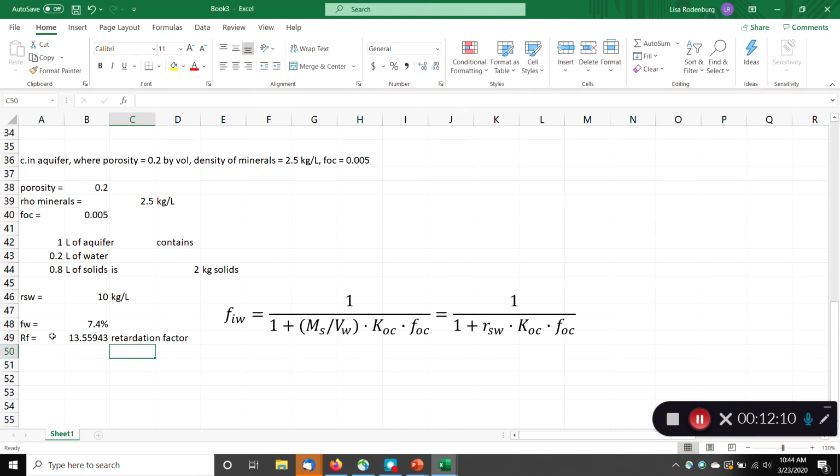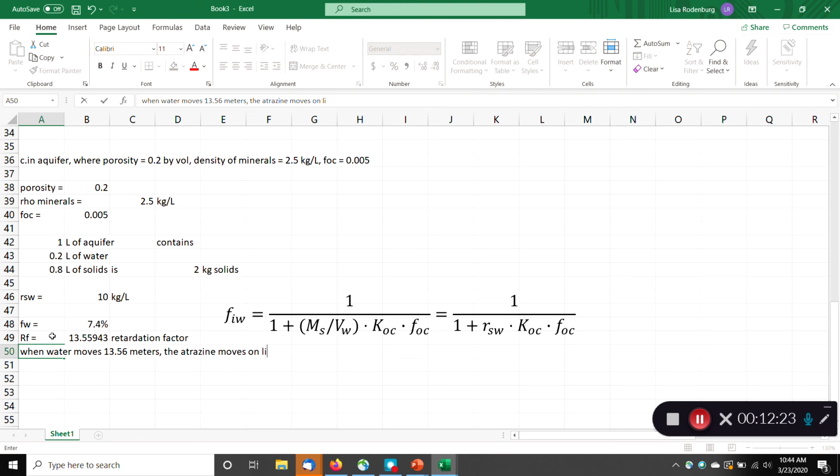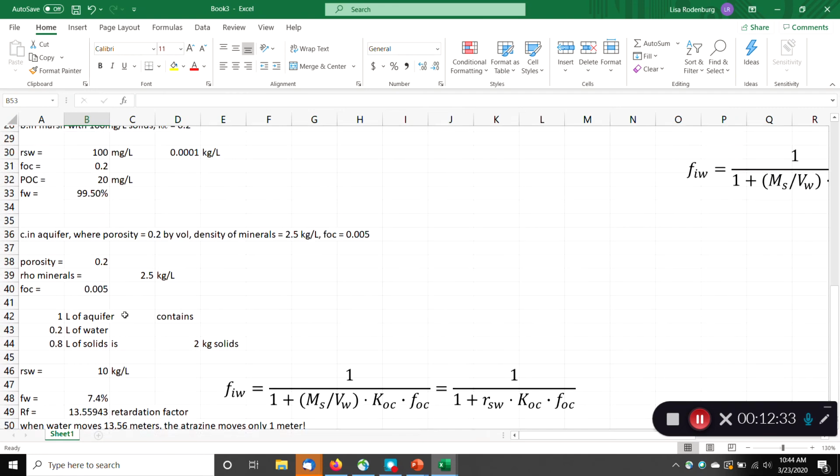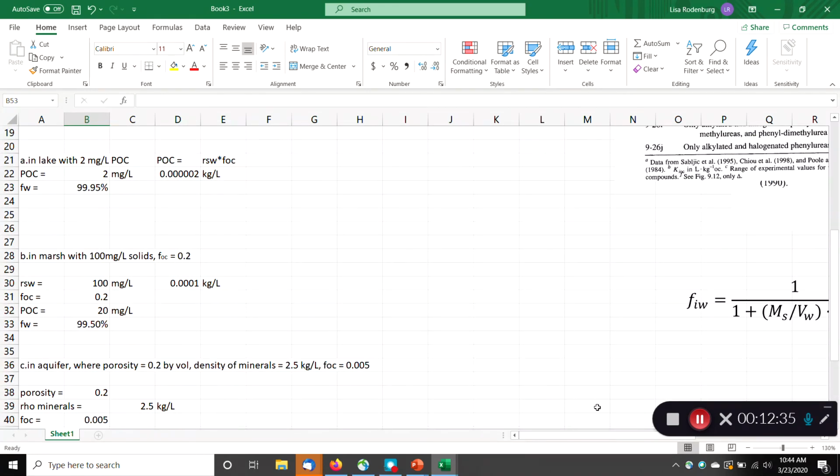What this factor means is that when the water moves 13.56 meters, the atrazine moves only 1 meter. So as it's flowing through the groundwater, the water is moving a lot faster than the atrazine. Alrighty, see you on the other side.